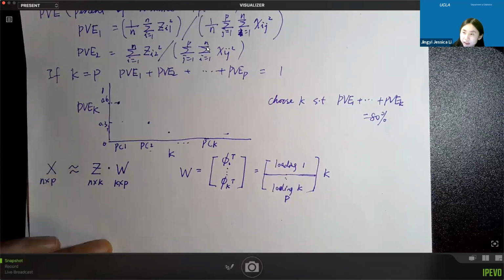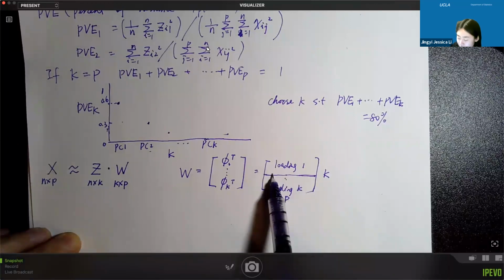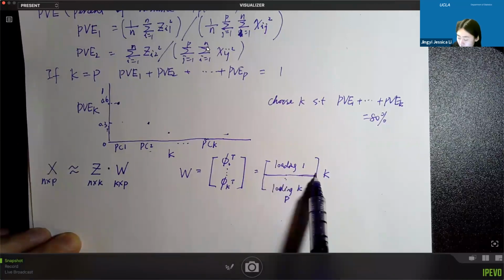An extreme case is if one gene's expression is always 2 times the expression of another gene, which means they're perfectly collinear. In that case, using one gene versus using 2 genes does not give you any difference in terms of information, so we should combine these 2 genes into one new dimension. One new dimension is enough. That's why we see they have non-zero loadings in one row here.